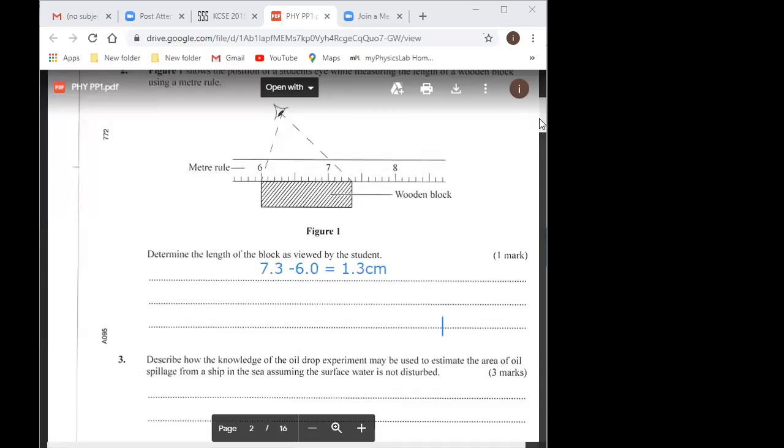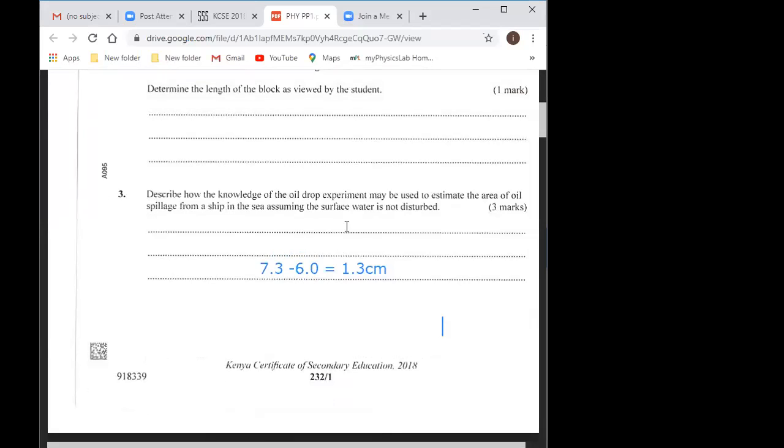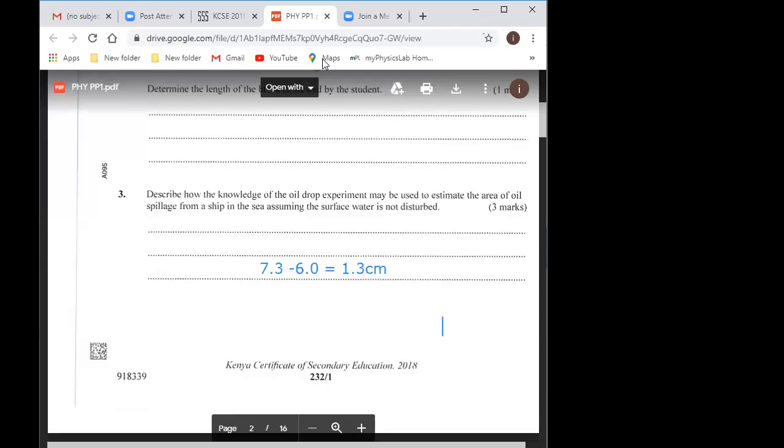We now move to the next question. Describe how the knowledge of the oil drop experiment may be used to estimate the area of oil spillage from a ship in the sea, assuming the surface water is not disturbed. So how can we determine this? This is a Form 2 topic, measurements 2, that is the oil drop experiment.